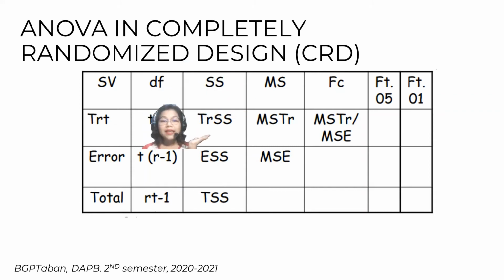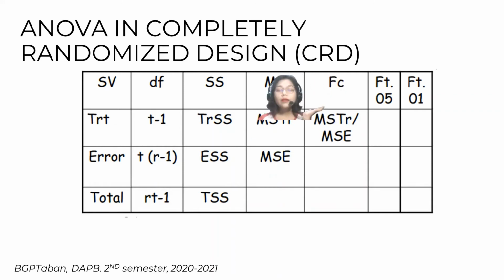For the TRSS, ESS, TSS, this is the treatment SS or sum of squares, error sum of squares, and total sum of squares. MSTR stands for mean square of the treatment. MSE is mean square of the error.